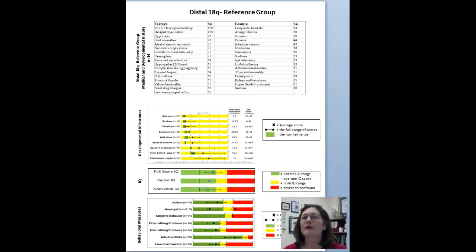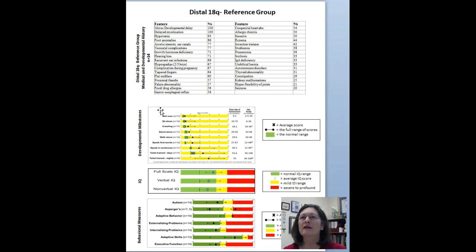And so here's all the skills here. And the age is shown here across the top of each bar. And the typical age at which this skill is acquired is shown in green. And so the average age in the reference group is a black X, but the full range of the ages in which they acquired those skills is shown by a ball-pointed line.